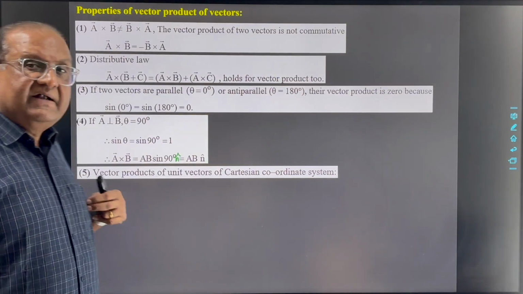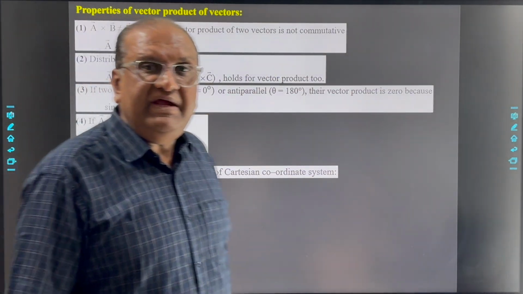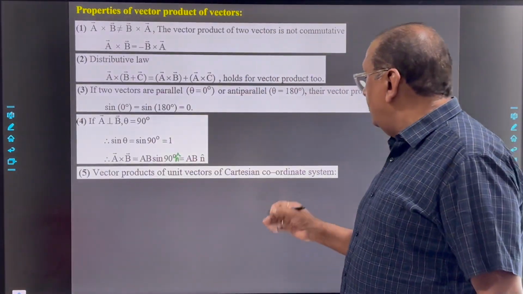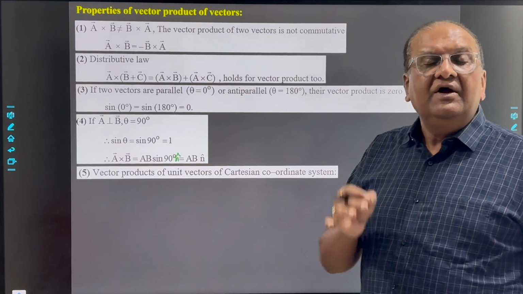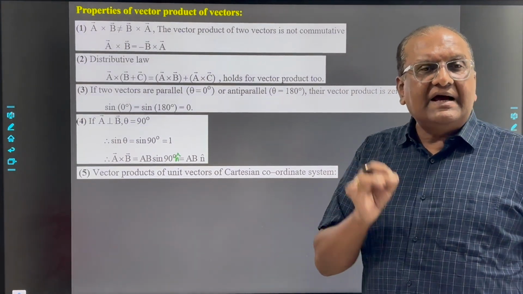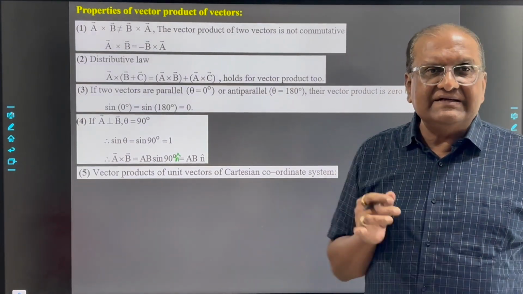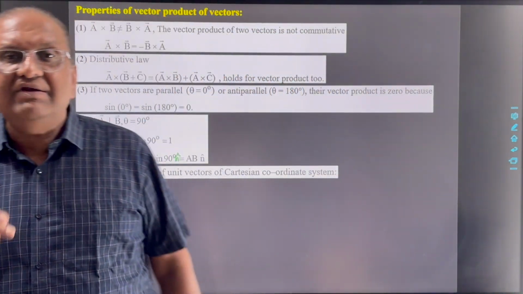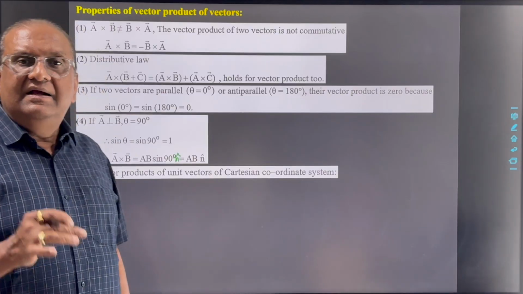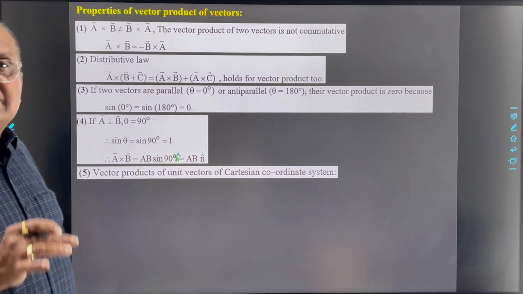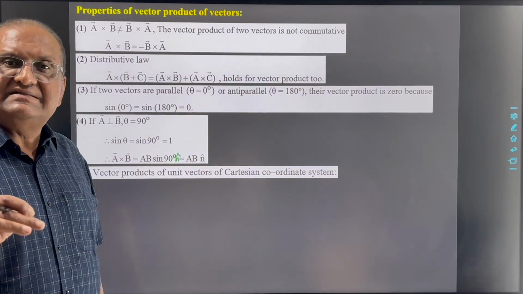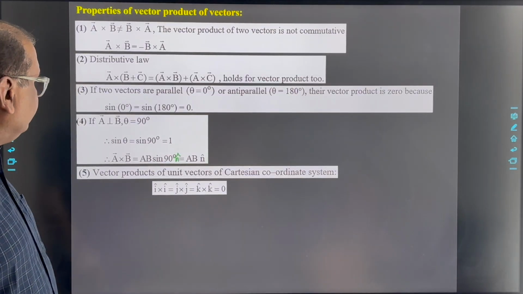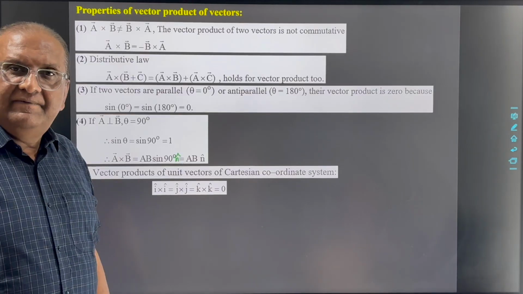Now, the vector product between unit vectors of the Cartesian coordinate system. We know in the Cartesian coordinate system, i caret, j caret and k caret unit vectors are respectively in the directions of the x-axis, y-axis and z-axis. Suppose we take i cross i.